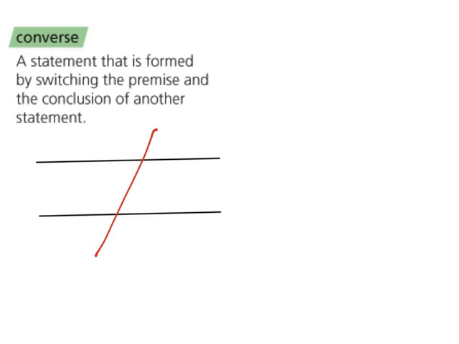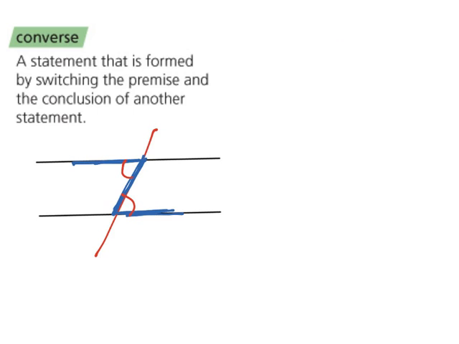Here they are. I'm going to redraw this because it doesn't look very nice. So here are the angles, these two angles, and this is interior alternate. They are equivalent.